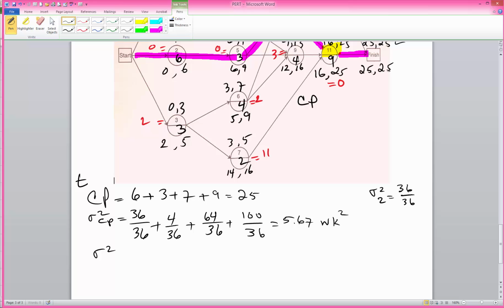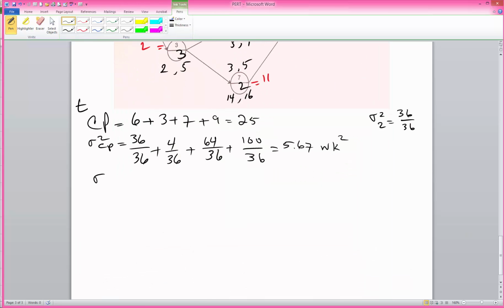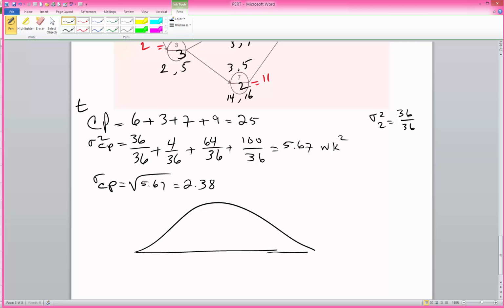So if I take the square root of it, the sigma for the critical path will be the square root of 5.67, which gives me 2.38. So essentially, using the central limit theorem, if that applies, we're saying that this project on average takes 25 weeks to complete with a sigma of 2.38 weeks.